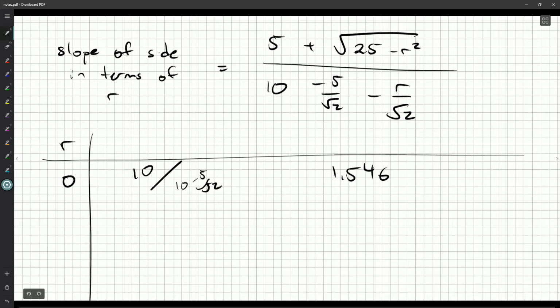What else could I? Well, let's just try 3 and 4, because those will be nice integers up here at least. So 3 squared would be 9, so we'll have a 9 on top. For 4, we'll have an 8 on top, divided by 10 minus 5 over root 2 minus 3 over root 2, so 10 minus 8 over root 2.